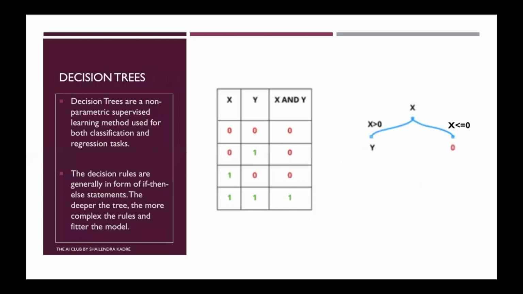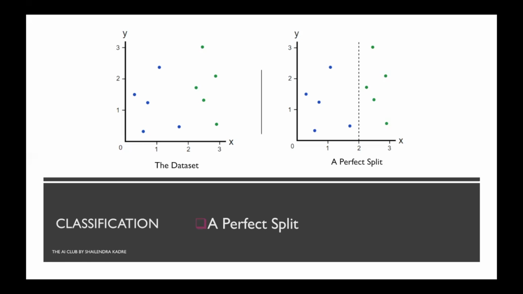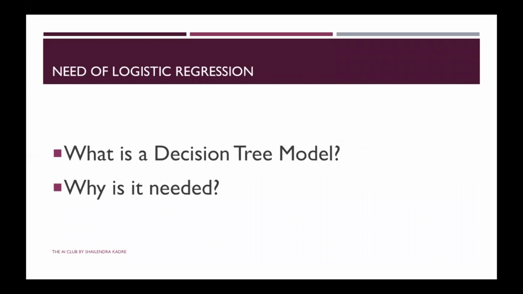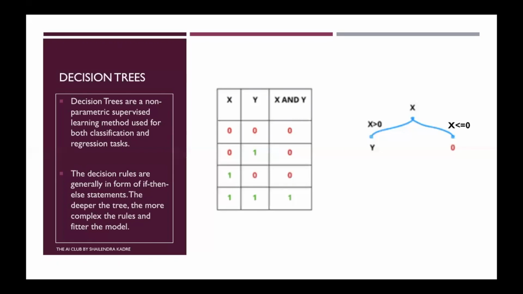Now, what is a decision tree model and why is it needed? If you see this PPT, let me first go through the definition of decision tree that is written, and then we will analyze what we are doing using the x and y values.